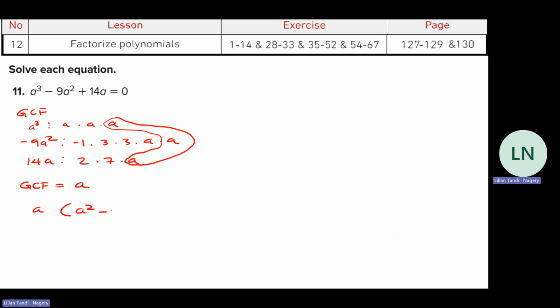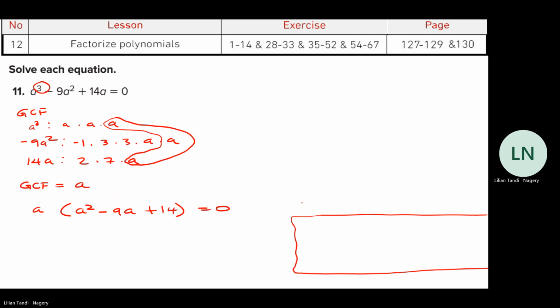A squared minus 9A plus 14 equals 0. I need 3 roots because my degree is 3. So I'm going to write my answer over here. I need 3 roots because my degree is 3.